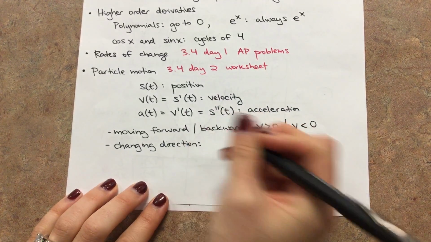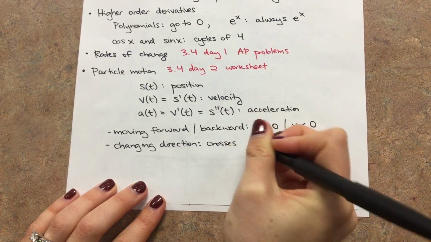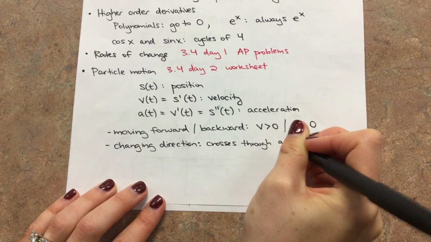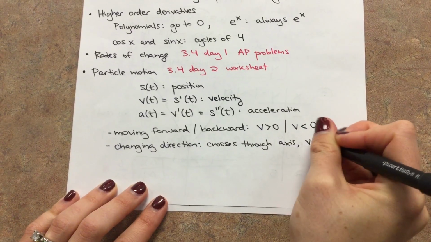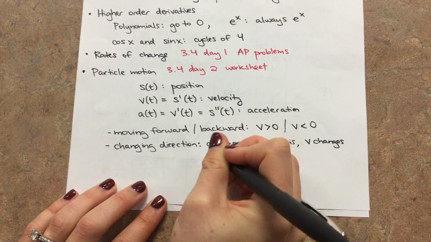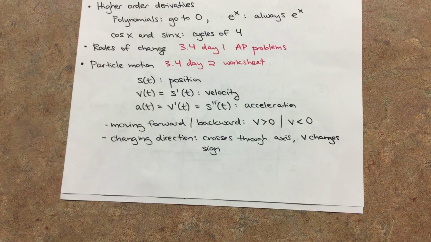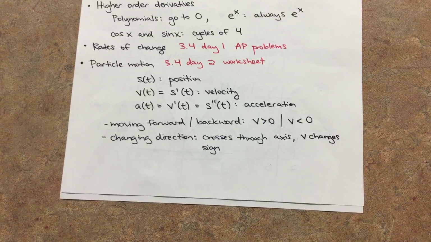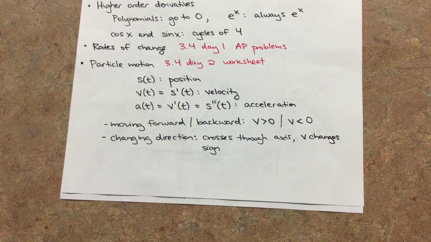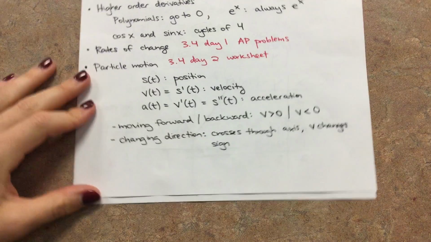So this would be where it crosses through the axis, or you could say that v changes sign. So whatever you have for the velocity. The answer that it crosses through the axis is assuming we're looking at a velocity graph. It would be slightly different if we were looking at a position graph. Changing direction: cross through the axis of a velocity graph, or you could say that velocity changes sign.